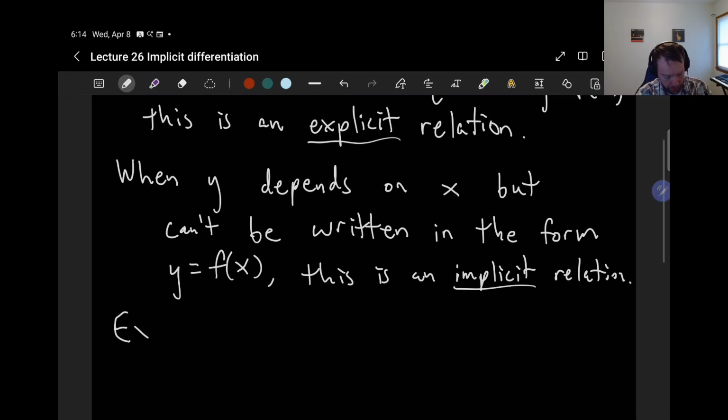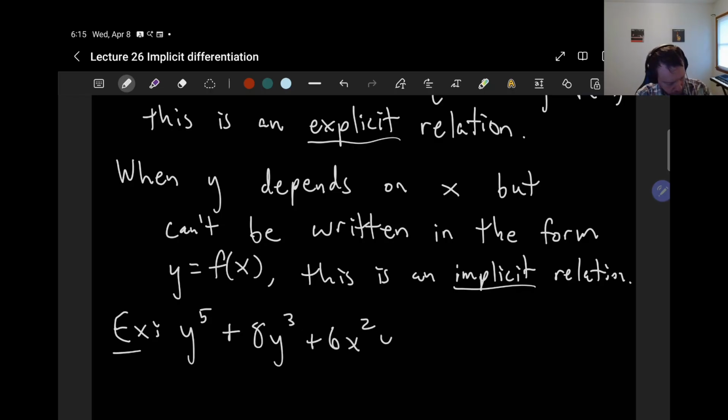So an example of an implicit relation would be something like this. Okay, so y still depends on x. When I plug in a number for x, y will have to be something because I've said that this expression is equal to 0.